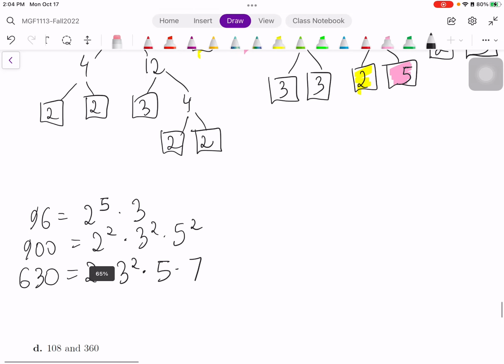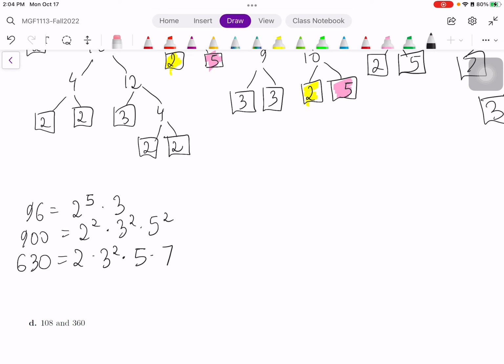So when you now look at the greatest common divisor, let's start with that. Now, what is the prime base that appears in all 3 factorizations? 2 and 3, because 5 does not appear in the prime factorization of 96. You only look at common prime bases appearing in all 3 numbers.